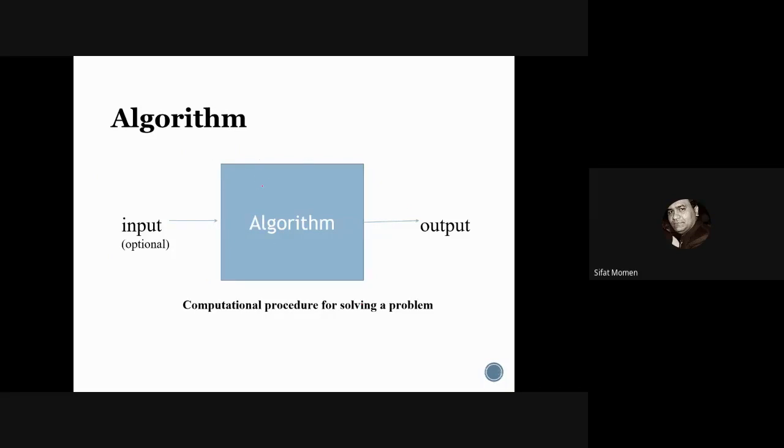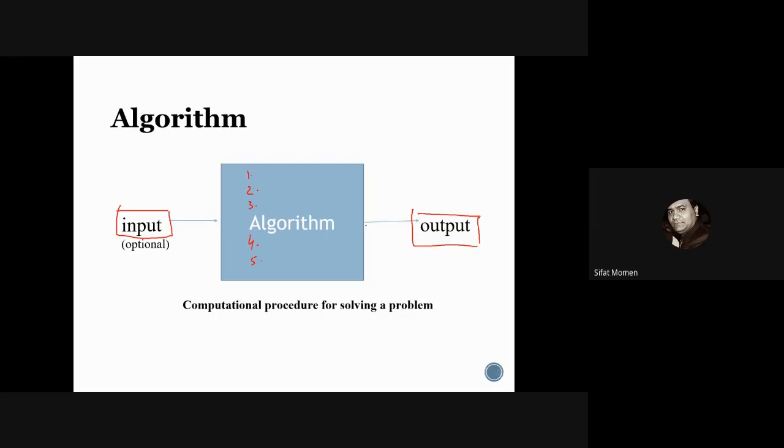An algorithm contains a set of precise instructions that you follow to solve a particular problem, right? When you follow the set of instructions, an algorithm always produces some sort of output. Am I right, Nakina? Yes? So an algorithm can take some input, process that, and produce some output, right? Now, for some problems, it can so happen that you do not need any input at all.